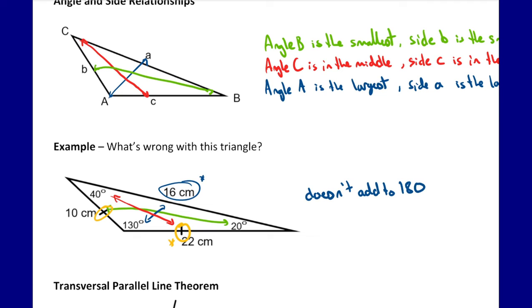So it doesn't add to 180, right? Because 130 plus 40 plus 20 equals 190, which is bad. We don't want that. On this side, again, these two should probably switch, if anything.